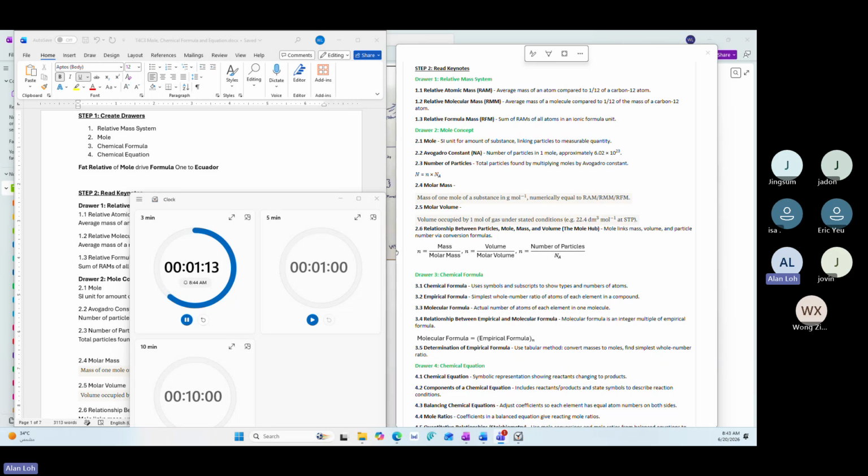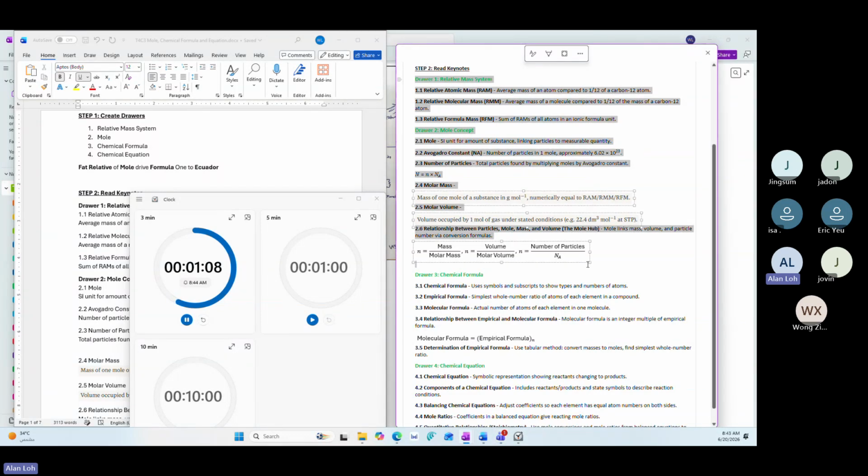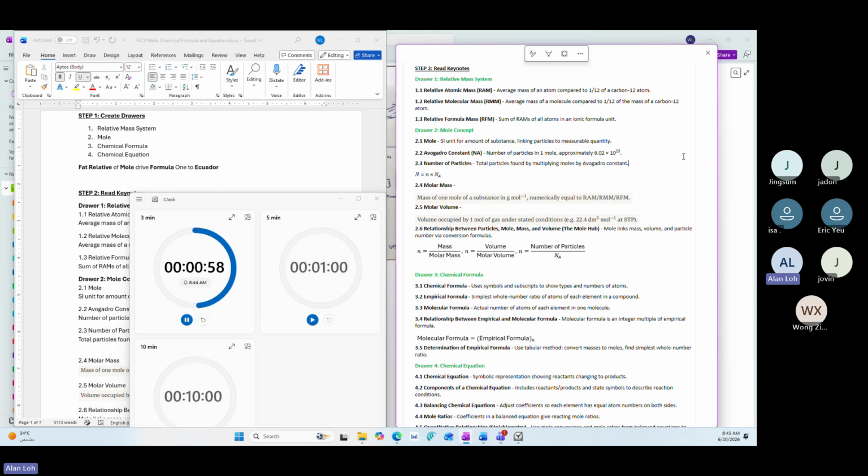We are in step 2, reading drawer 1 and drawer 2. 1 more minute remaining. No problem, Xuan. You can see this. If you cannot see the screen, let me know.